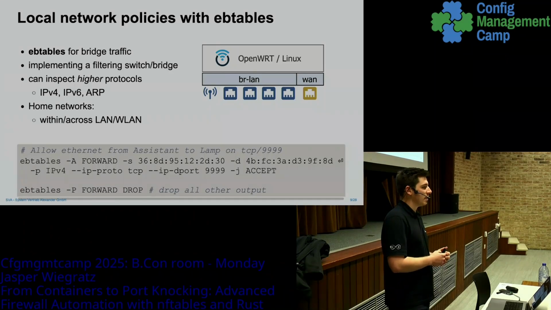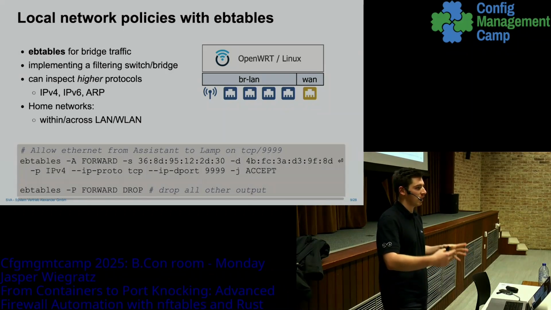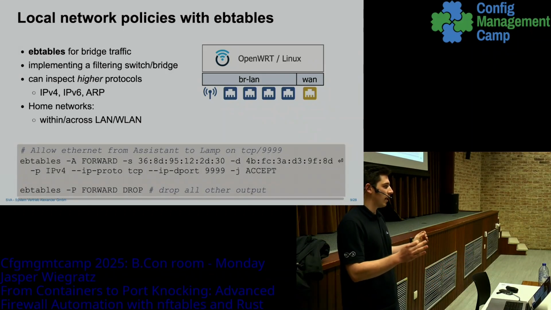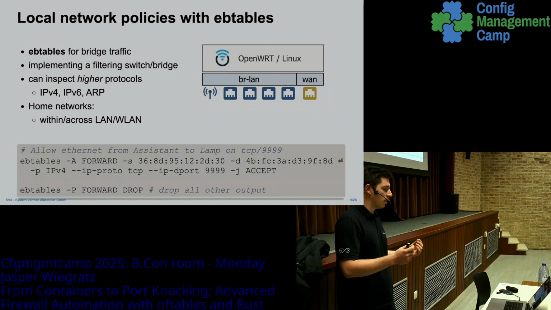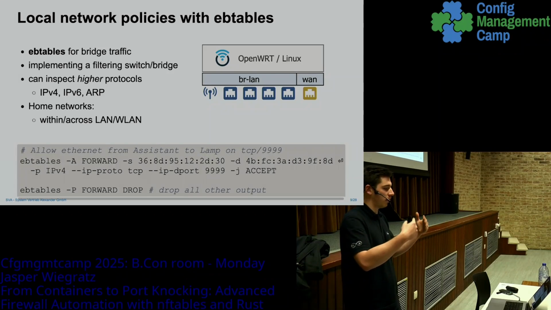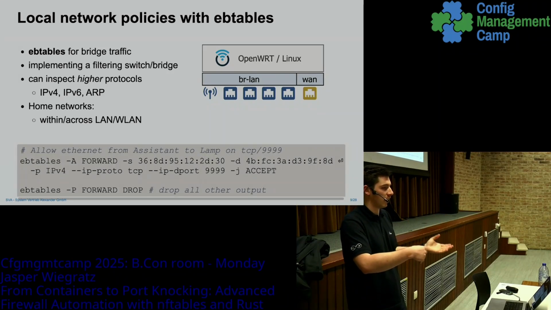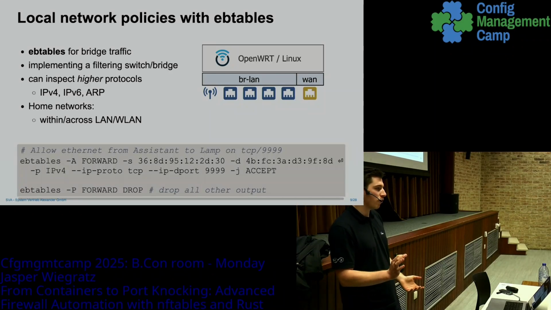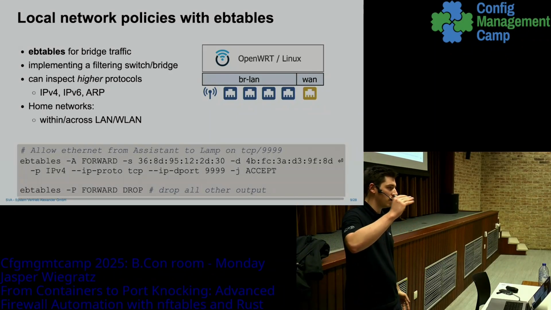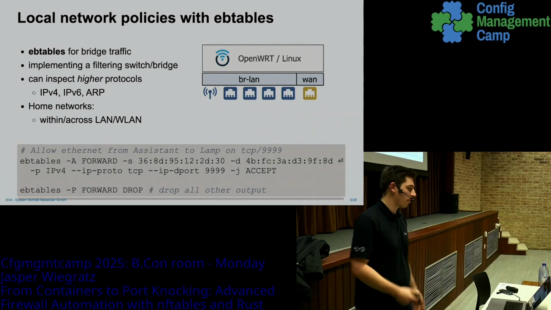And also you can, and this is quite interesting, inspect higher protocols. So if on the ebtables you match for the IP ether type, so if the Ethernet frame contains an IP packet, then you can also look at the IP layer, and if you are in the IP layer, you can also look at is it a TCP packet, and then you could match on a port. So you can move upwards from Ethernet to IP layer to TCP/UDP layer.